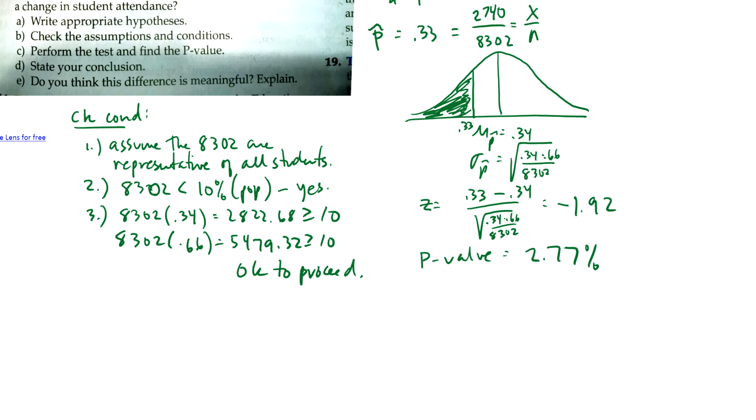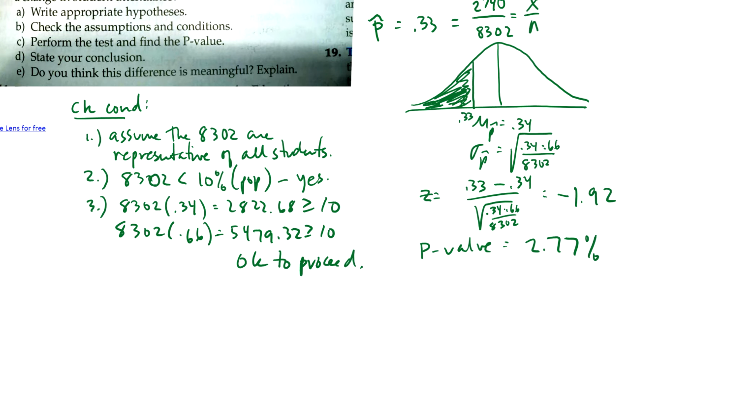Okay, and if we use the 5% rule, then this right here, 33%, that's not very likely. So p-value is my conclusion. The p-value of this is less than 5%.